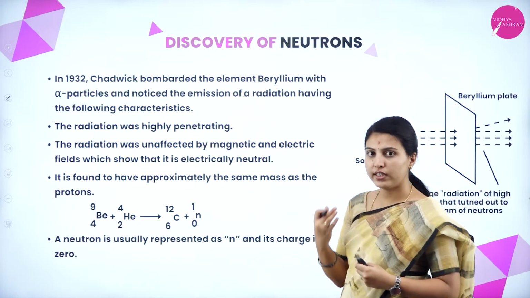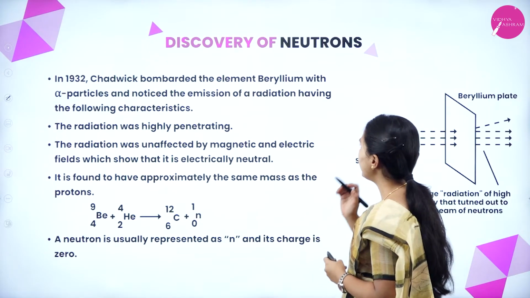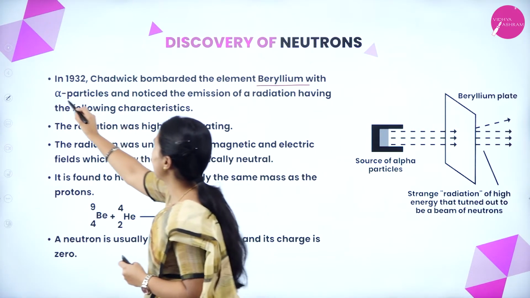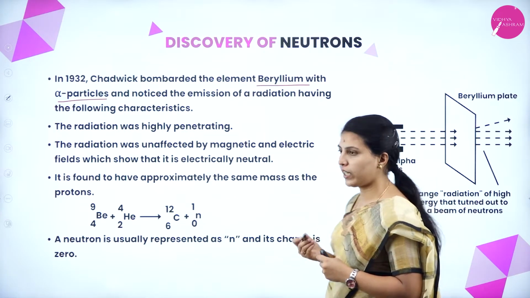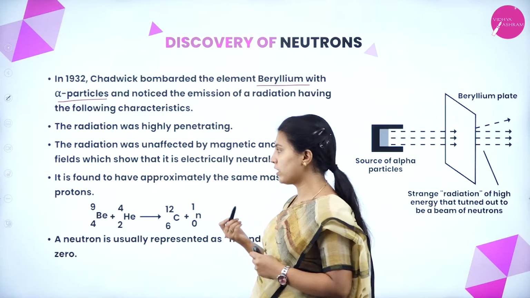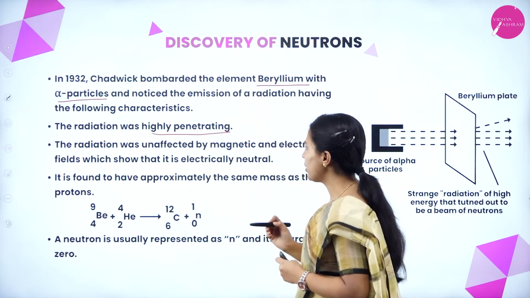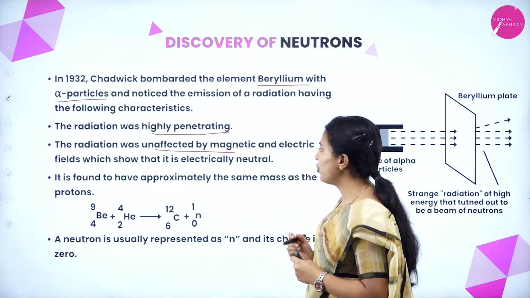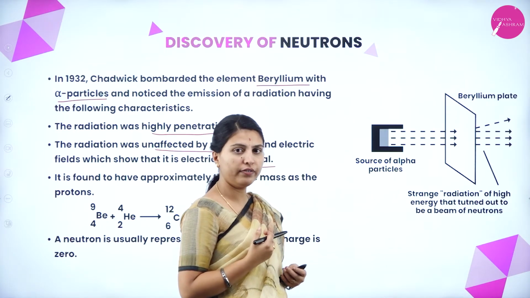Later, based on that prediction, Chadwick in 1932 bombarded the element beryllium with alpha particles and noticed the emission of a radiation with the following characteristics. The radiation was highly penetrating. The radiation was unaffected by magnetic and electric fields, which shows that it is electrically neutral.